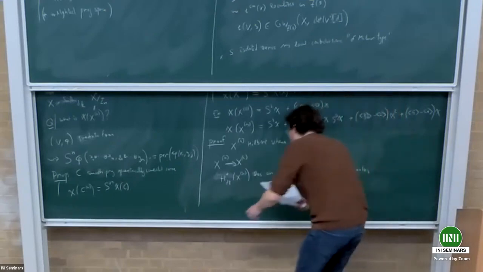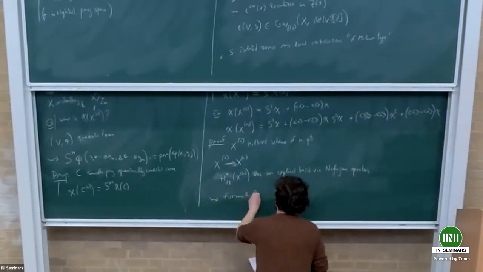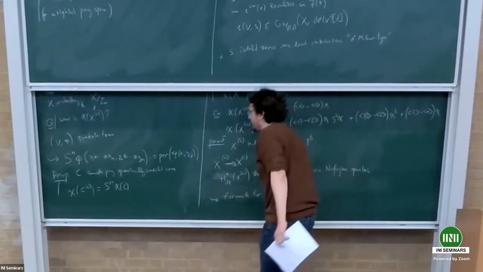So you just have to look carefully at the formula to get a formula for this form. And so you get a formula for the Euler characteristic of the Hilbert scheme.